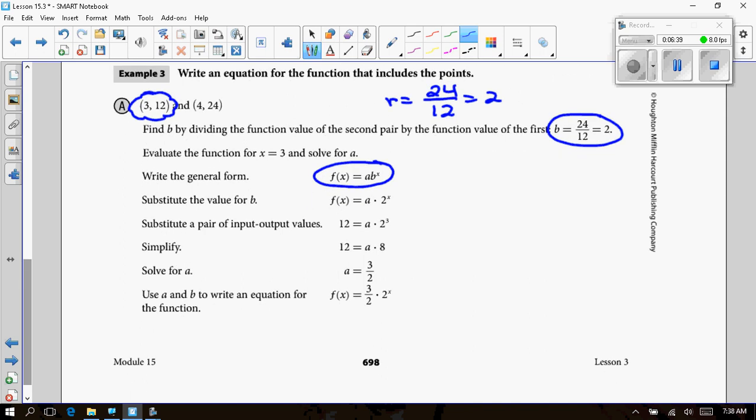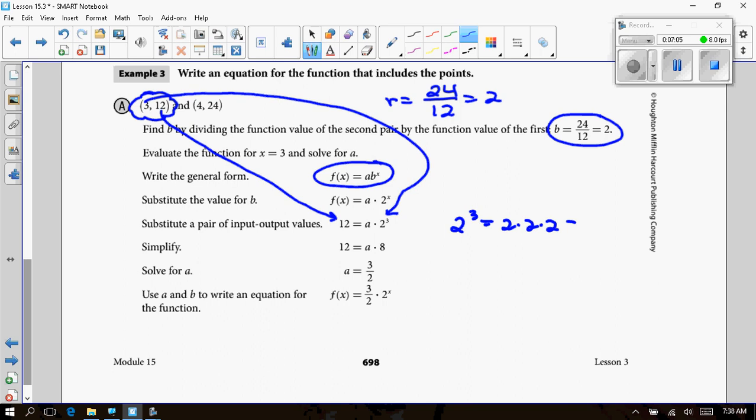So the 12 goes into the f of x, the answer, the output, and the 3 goes into the exponent. Go down there to the exponent. Okay, so if you have a highlighter, you could highlight those in 2 different colors or just draw the arrows like I did.